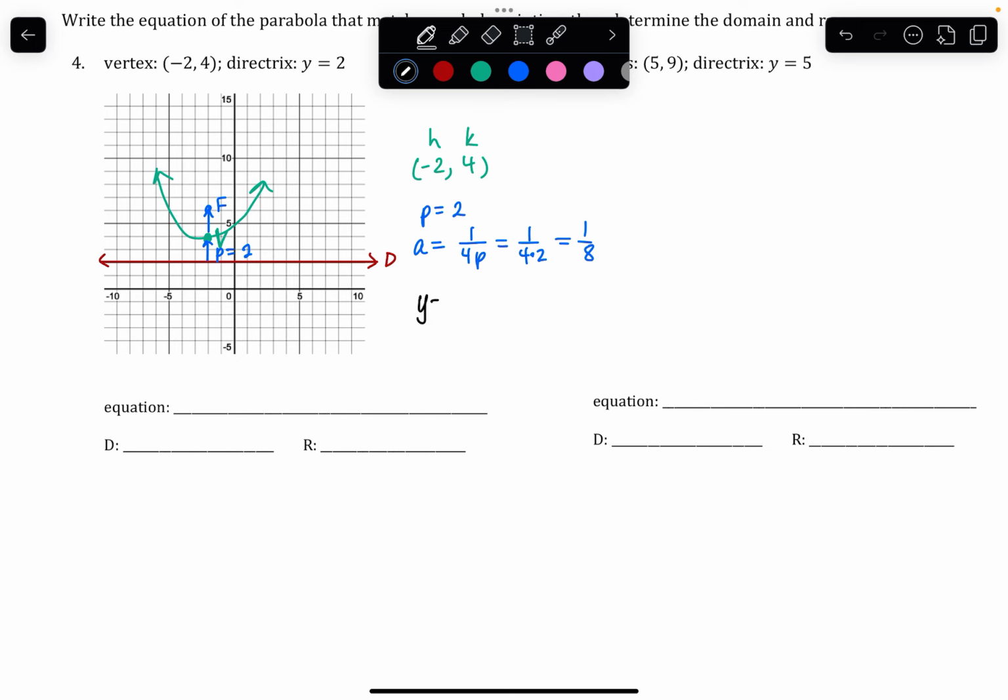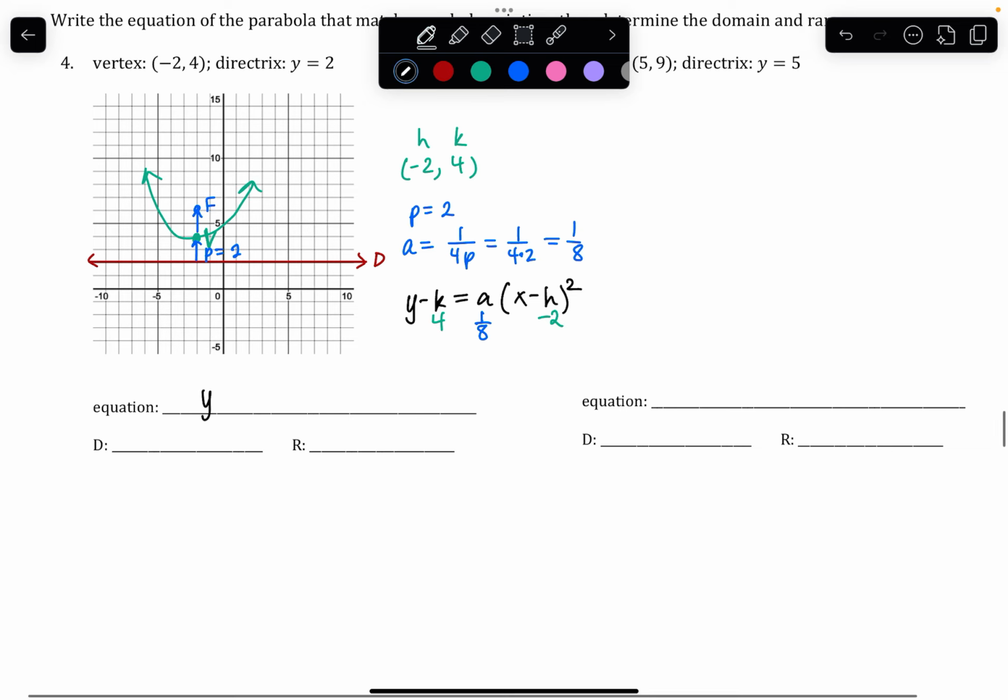Okay, and so that's all we need for our equation. It's y minus the y coordinate equals a x minus the x coordinate squared. And so we'll put in 1/8 for a, h was -2, and k was 4. So our final answer will be y minus 4 equals 1/8, and then x minus -2 would be plus 2 squared.